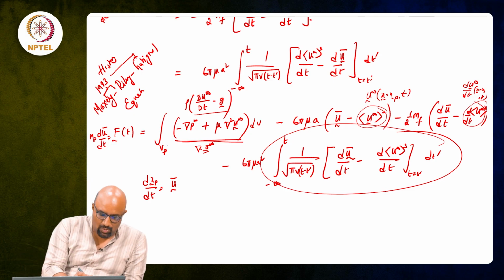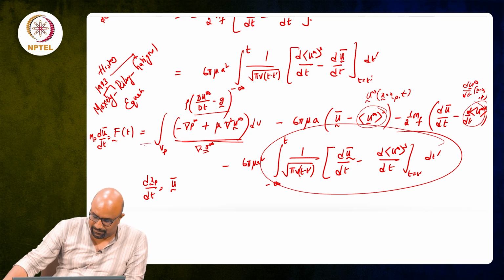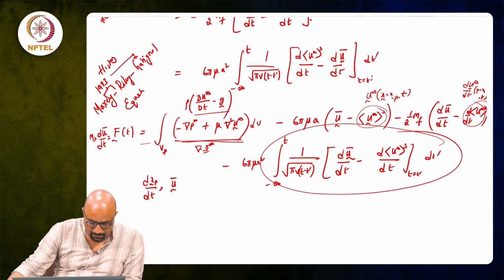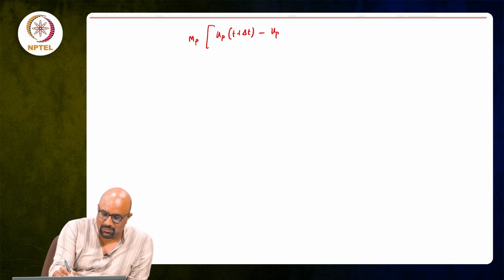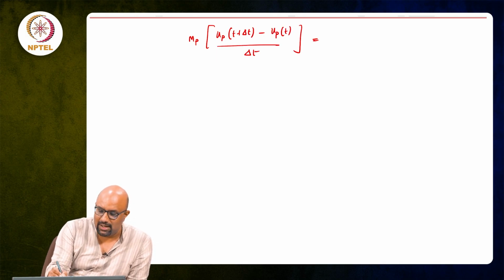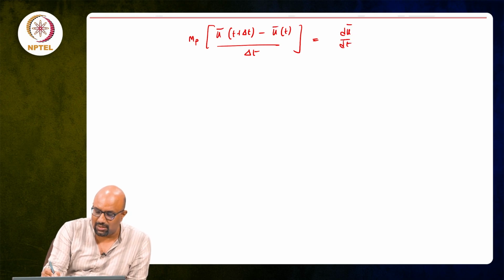Think of it as a very crude numerical exercise. Everything on the RHS, so you can write this as mp times particle velocity at t plus delta t minus particle velocity at time t, divided by delta t, is equal to particle acceleration. So up is actually in our notation u bar. So particle acceleration at time t.